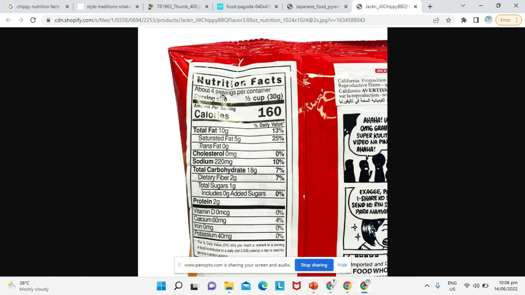Why? Because you have to check the number of servings, and it is more than one, it is 4. Remember that the values listed are per serving only.